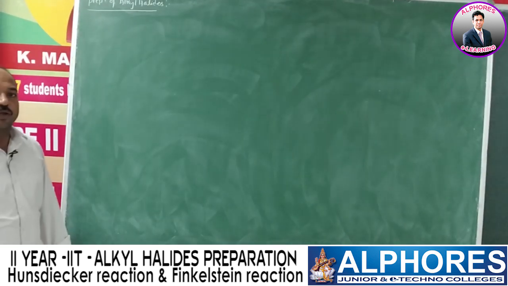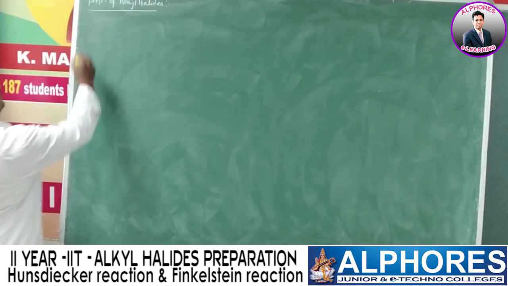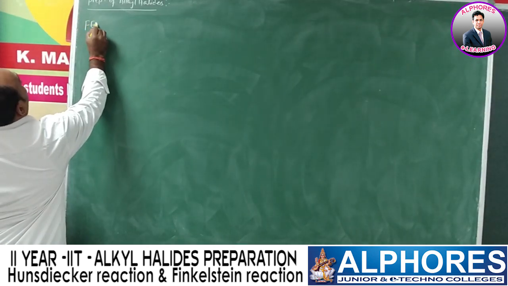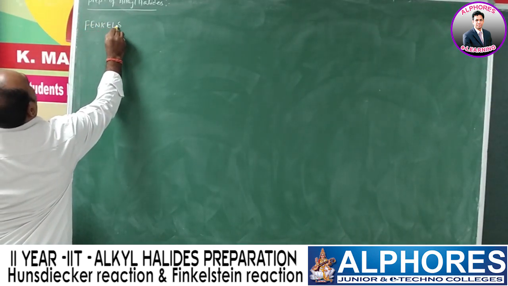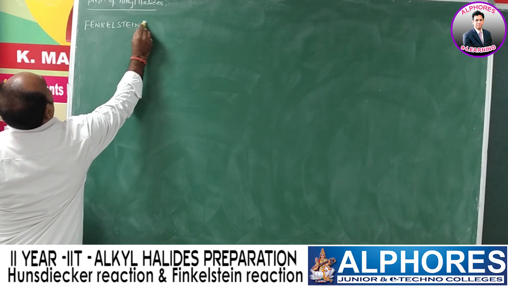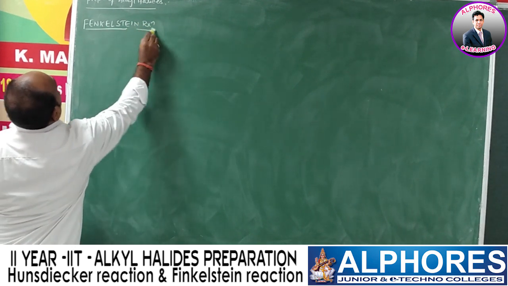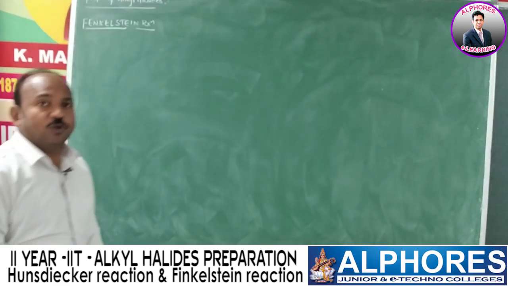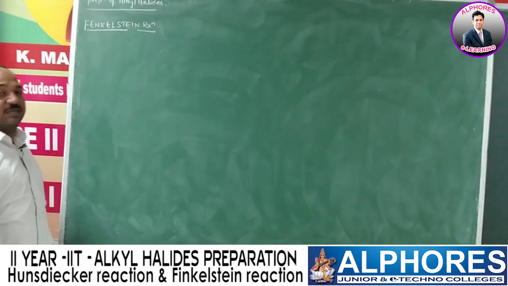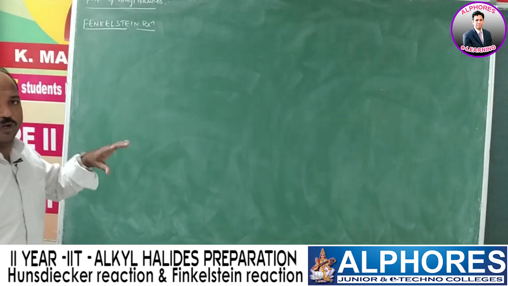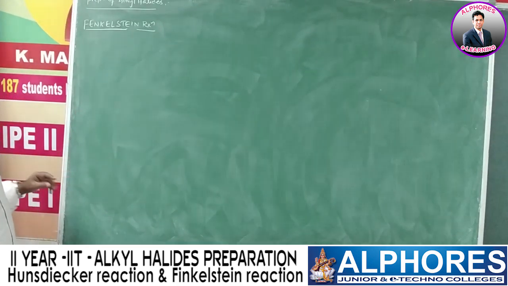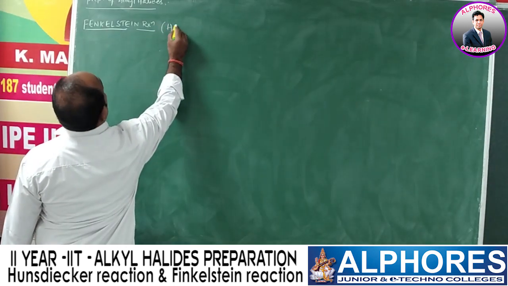Next method is the Finkelstein reaction. In this method also we can prepare alkyl halides except alkyl fluorides. We cannot prepare alkyl fluoride, and this reaction is also called the halogen exchange method.